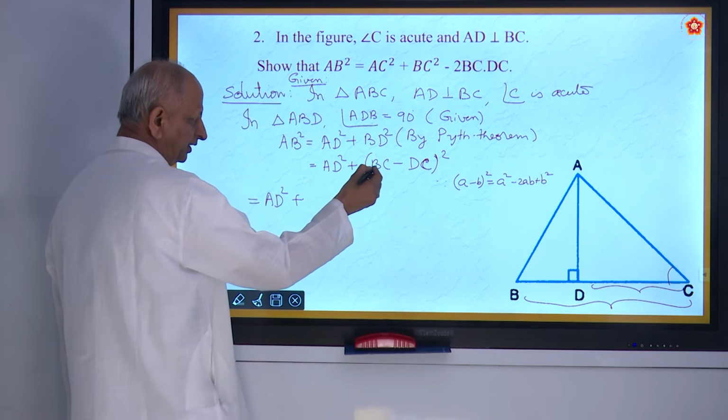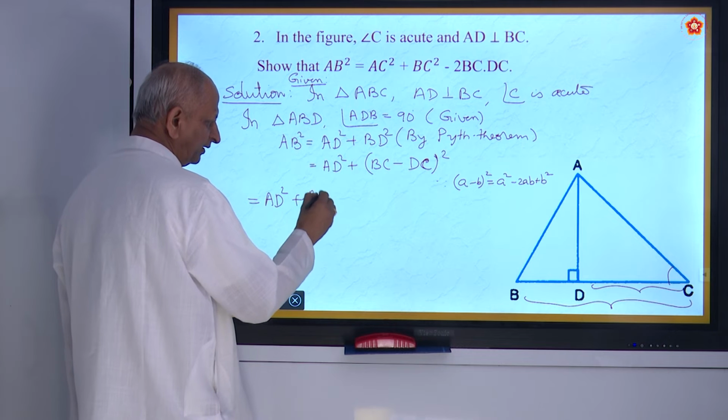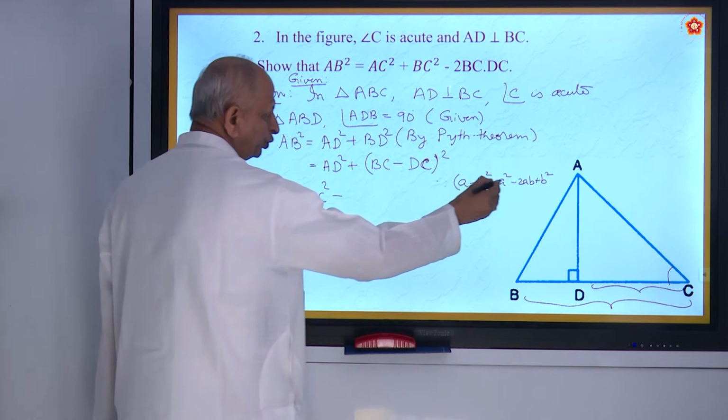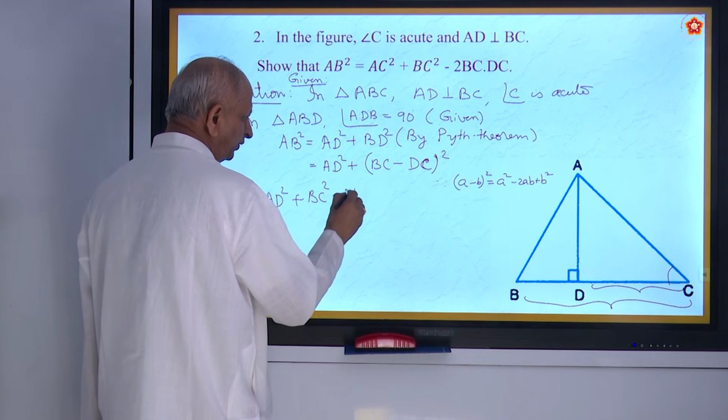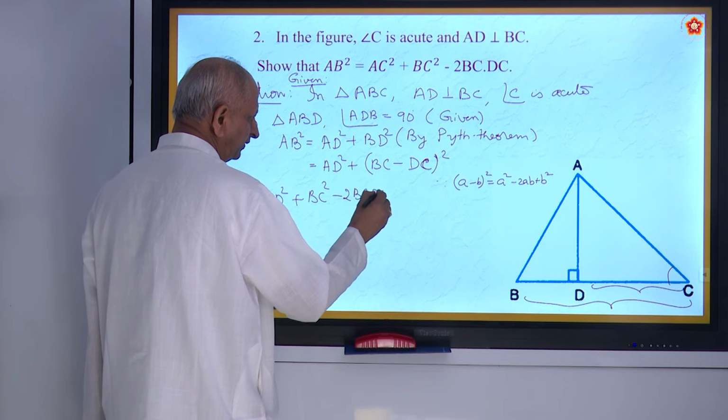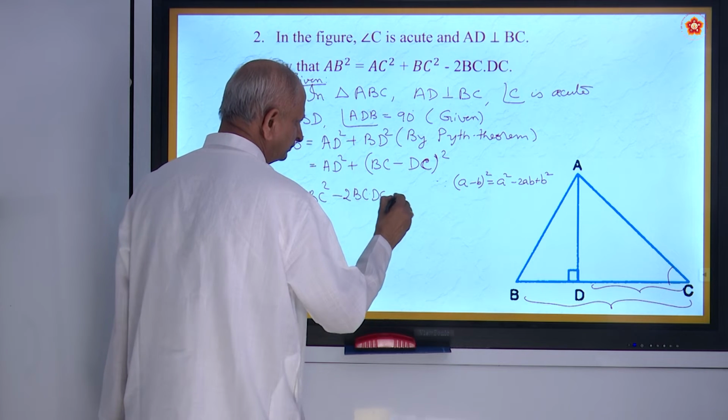That formula using here. A means what? BC here. Square of that. Minus 2AB, 2 into BC into DC plus B square.